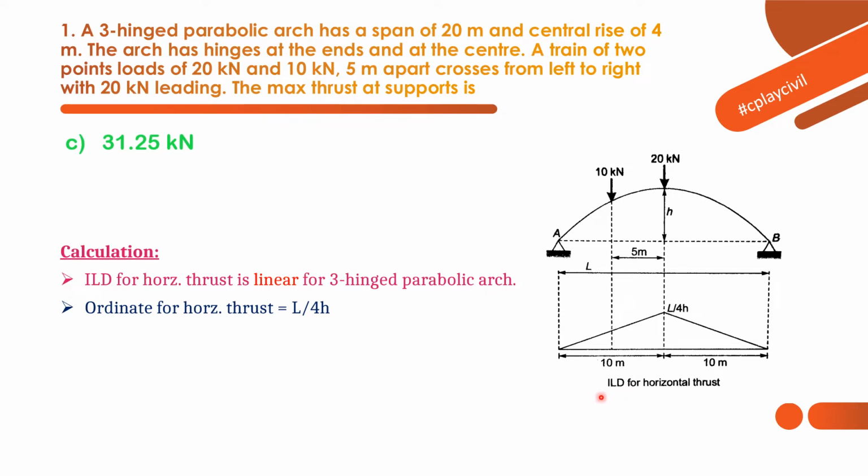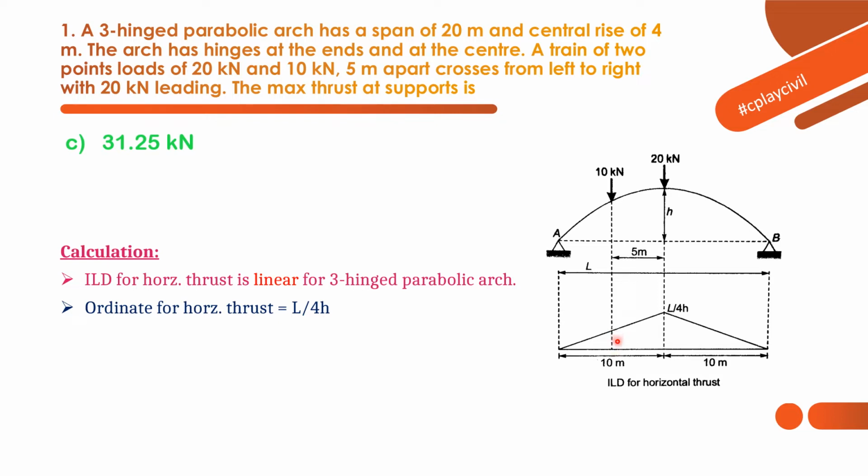So the ILD, that is the influence line diagram, for the horizontal thrust for the three-hinged parabolic arch will be given like this. The maximum will be at the crown, and that ordinate will be L by 4H. Then what will be the ordinate below the 10 kN load?